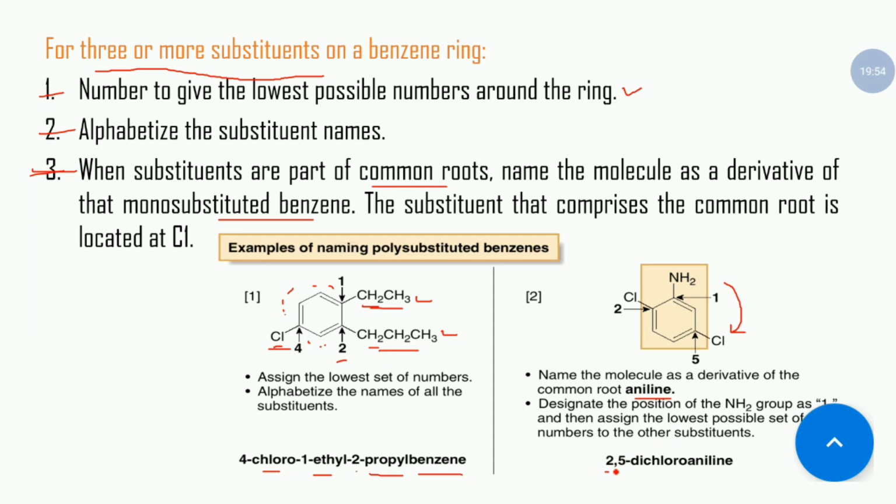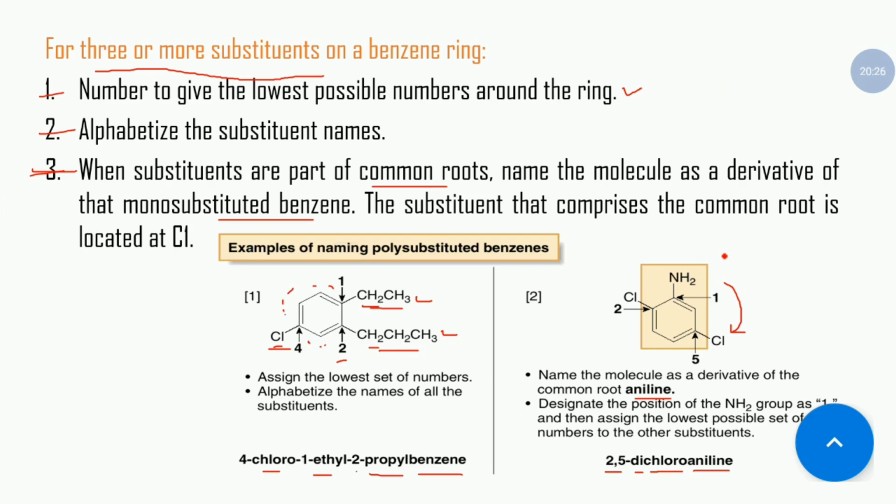The same substituent is there, that is chlorine, so it's di, since the same two substituents, and for chlorine you write chloro, and after that the common root, that is NH2 with benzene, that is aniline. So here is your aniline. Very simple. The naming of polysubstituted benzene is also very simple like this.